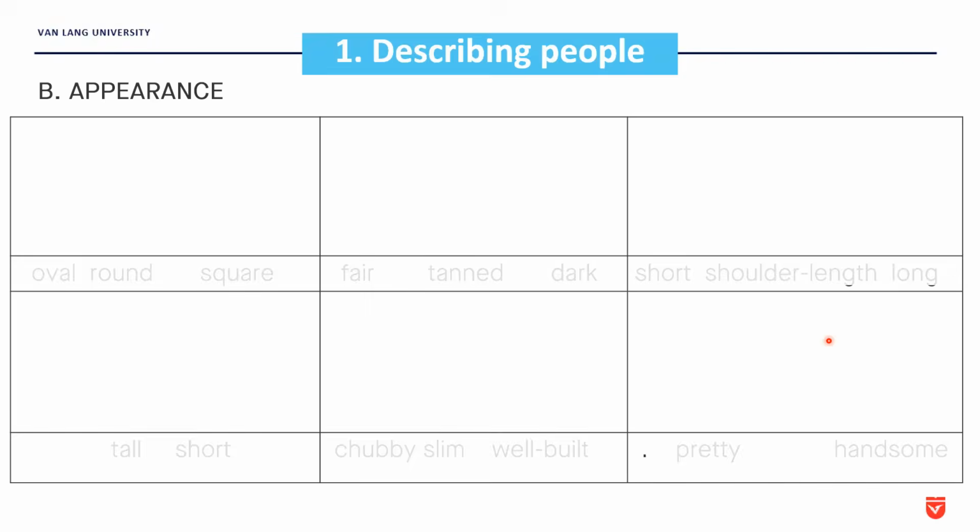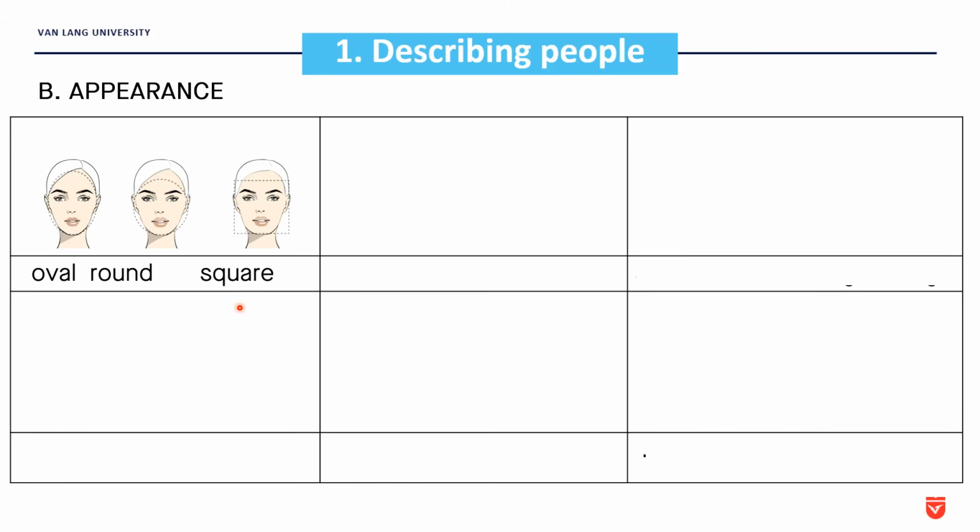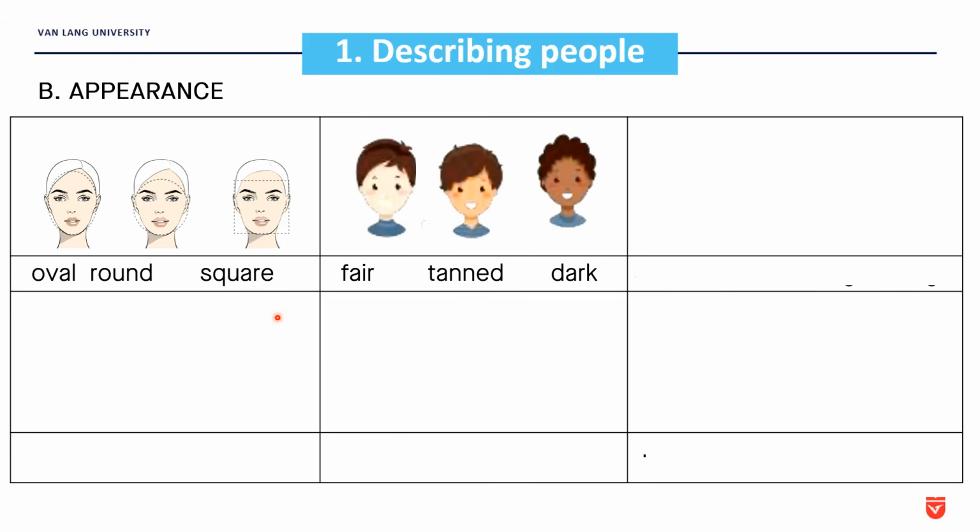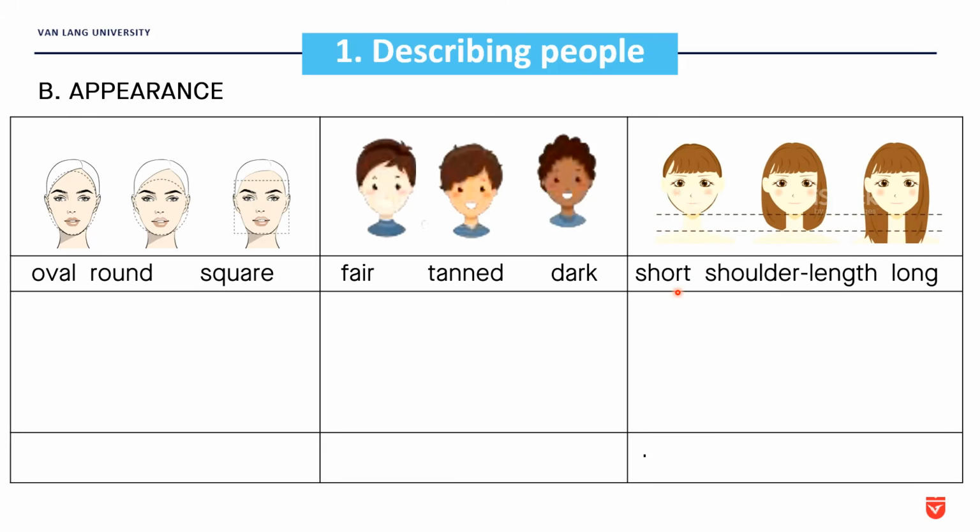To describe a face, we can use oval, square, round. We have fair, tan, dark skin. For hair, we can say short hair, shoulder-length hair, long hair.